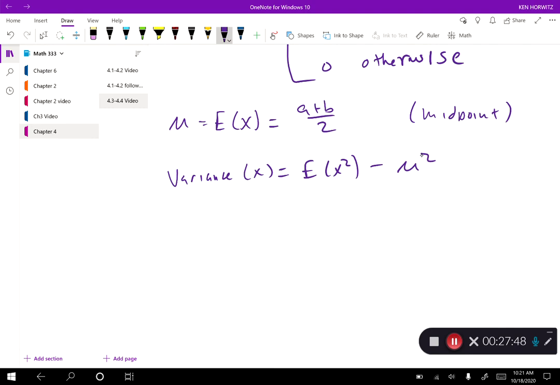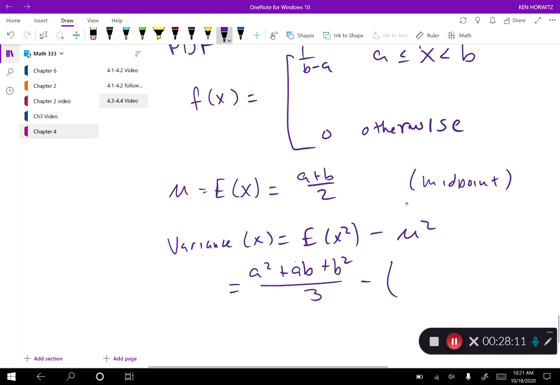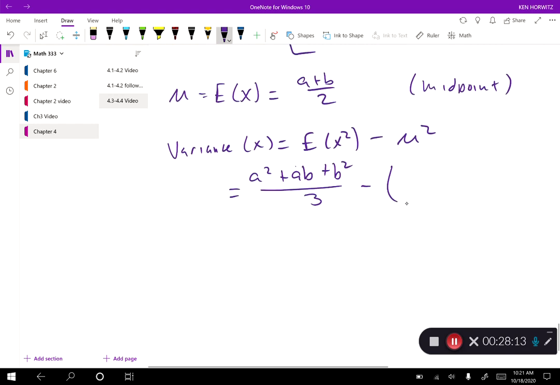Now if I plug in my a's and b's, that is going to be (a squared plus ab plus b squared) over 3, minus mu, which was (a plus b) over 2, so it's going to be (a plus b) over 2, the whole thing squared.